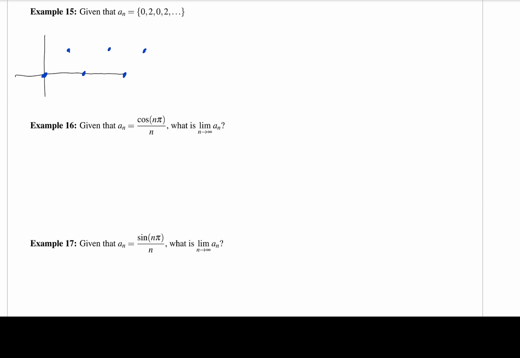This is an example of what we call an oscillating function. Whenever we have an oscillating function, bouncing back and forth between two numbers, this is always going to diverge. So we can say since our sequence oscillates, it must diverge.